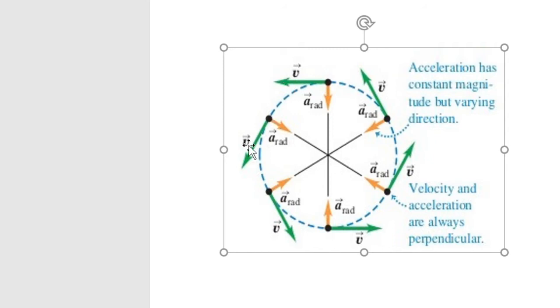All the green arrows here depict the velocity of the body. Now the yellow arrow shows the acceleration of the body. So while the body is trying to travel tangent to a circle, in which direction is the acceleration acting? The acceleration is acting towards the center, right?